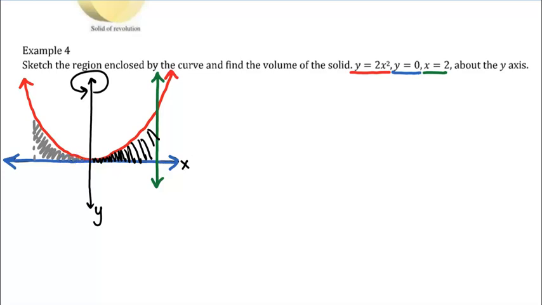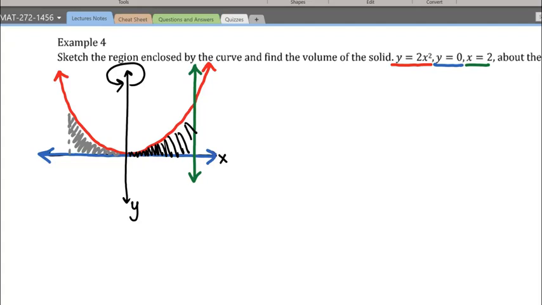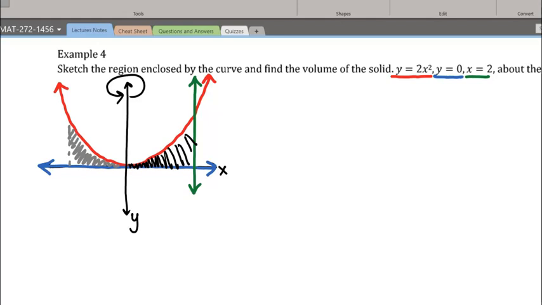Notice that the region that we form when we rotate is hollow. It has a hole in it. What I mean by hollow is that as we rotate this region around the y-axis, I'm going to try to make this seem like a 3D figure as best as I can. We kind of do form a bowl shape, right?